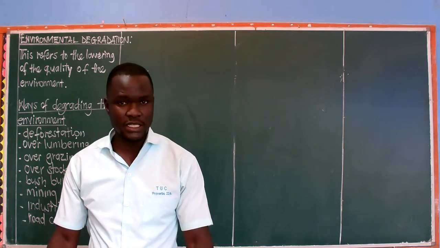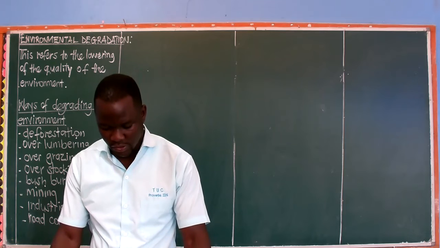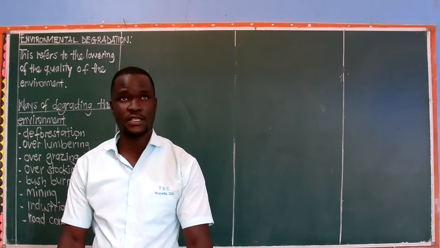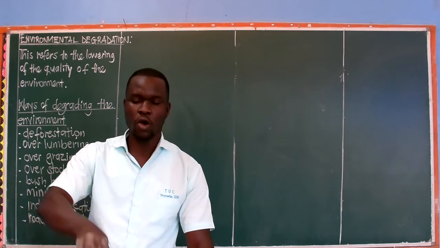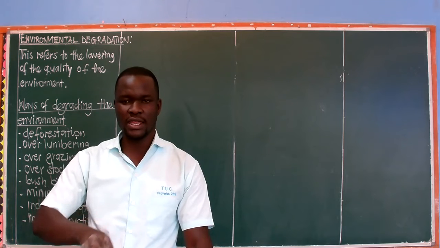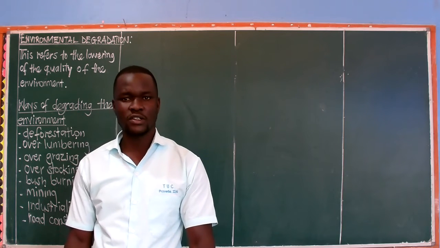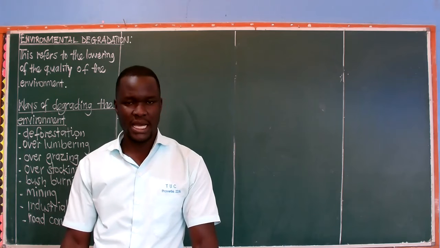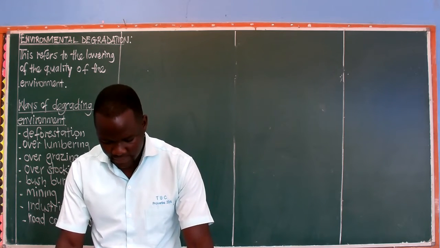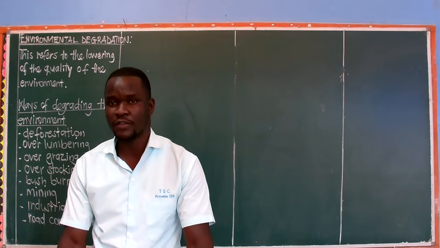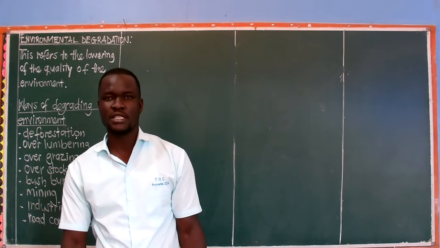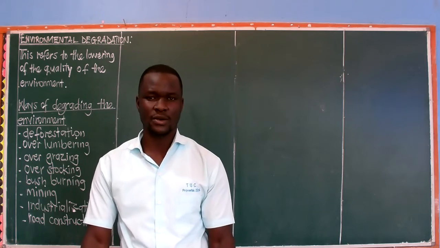It leads to drought, as there will be no trees to help in rain formation. And then it can bring landslides if it is in mountainous areas. The trees that would hold the soil particles together will be no more. At the end of it all, when the rain pours, it washes the land. It brings the landslides. And then it leads to exhaustion of resources. And then finally, it leads to the displacement of animals, as their habitats will be affected.